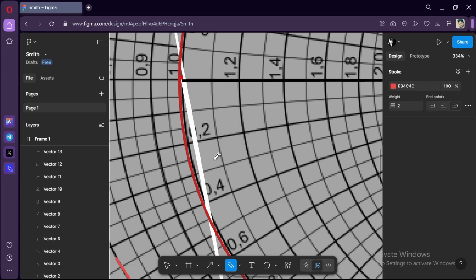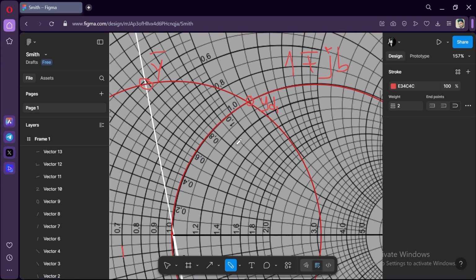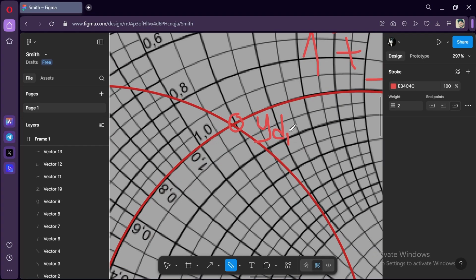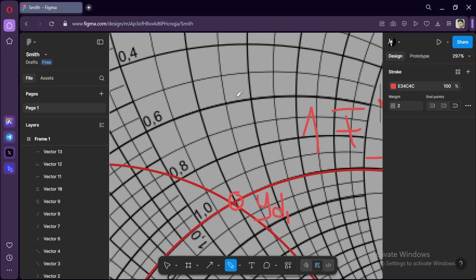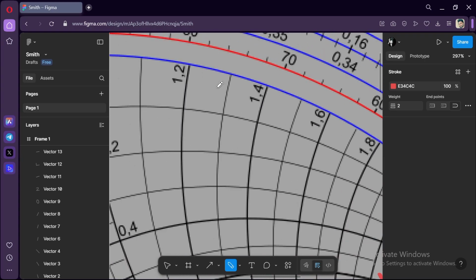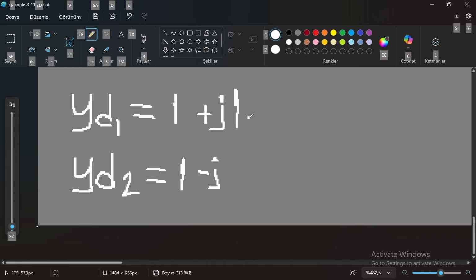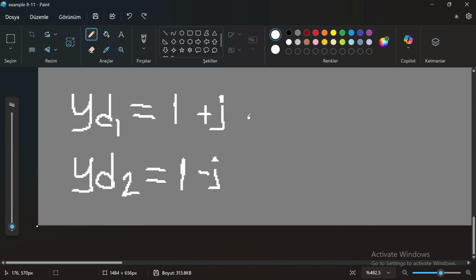Let's take a look at the j values here. This is YD1. Both of them have the same real value, but the first one is plus j 1.2, and the other one is minus j 1.2.